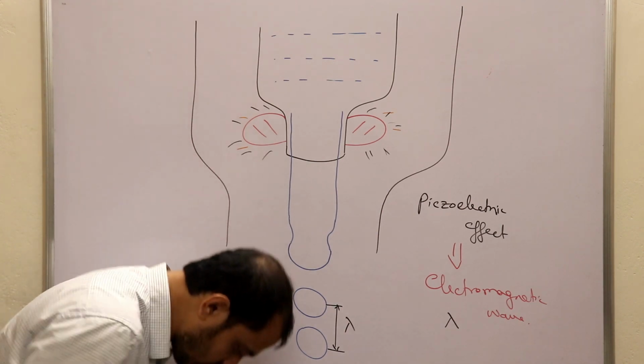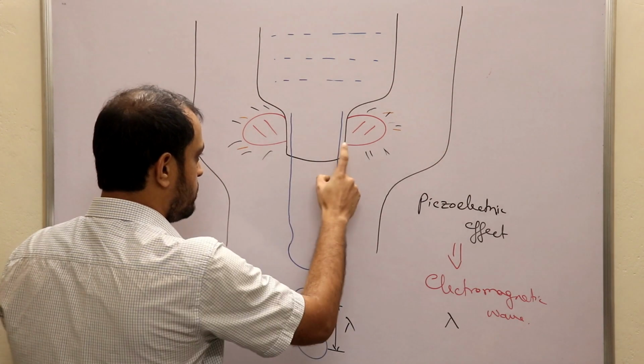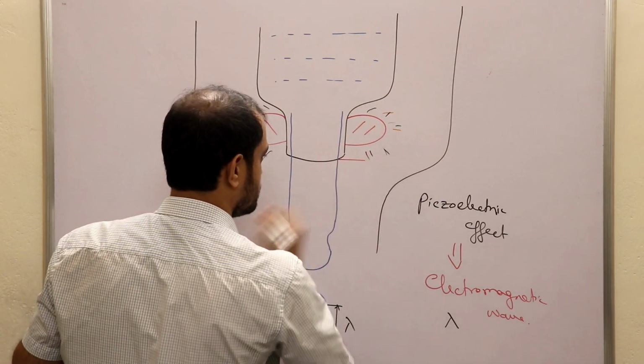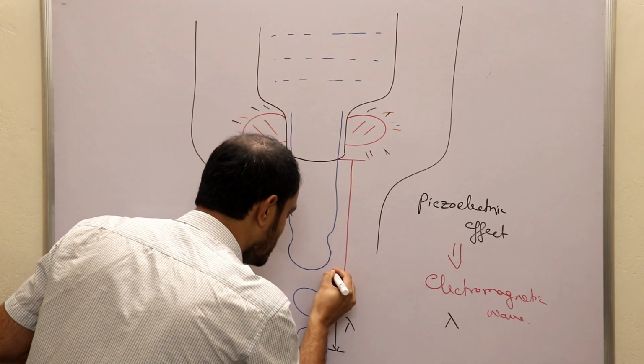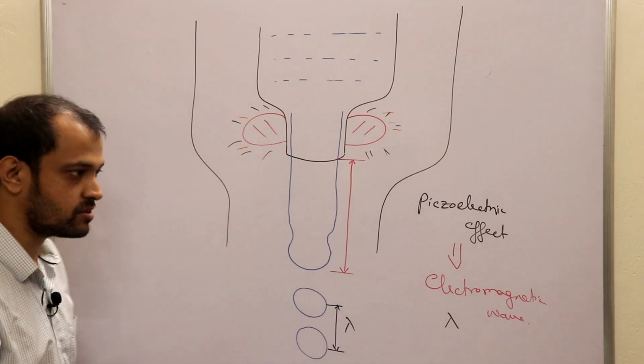Now listen, when the vibrator is activated in this portion, the droplet breaks off in this portion.